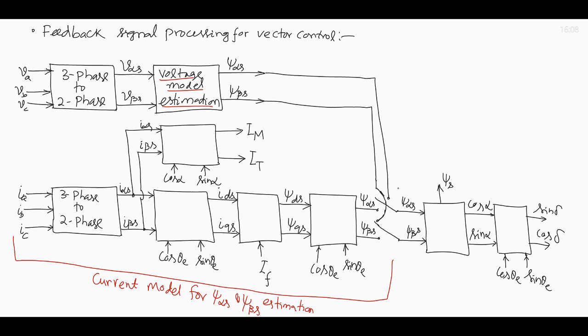So, estimation of flux using the voltage model becomes inaccurate, but the current model works fine even at very low speeds. So, the current model is used in the low speed region, and because the current model has higher parameter dependency, at higher speeds we change over from current model to voltage model. So, parameter independence is obtained at higher speed operation. So, this part is doing the changing between voltage model and current model.